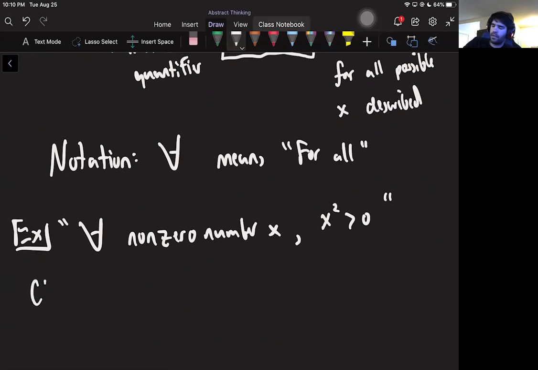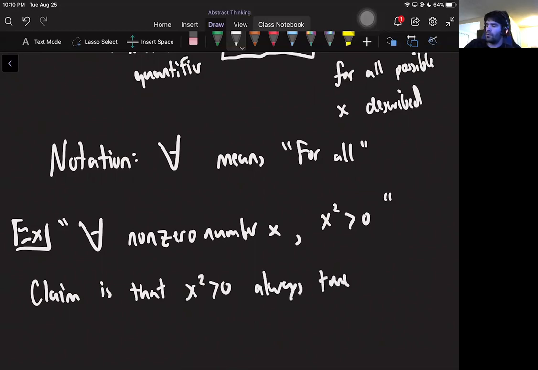And so what is this claiming, or what is this statement saying? Claim is that this guy is always true for non-zero numbers.